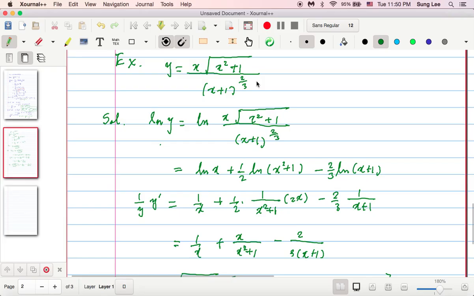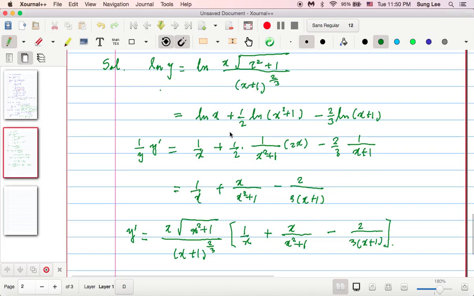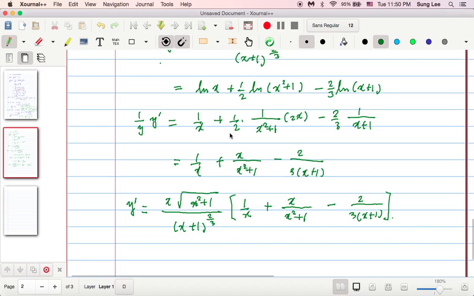You are more than welcome to try it, but it's going to be really messy work, pretty complicated business. But this is much simpler and quicker. So the whole process which we just did, that's called logarithmic differentiation.